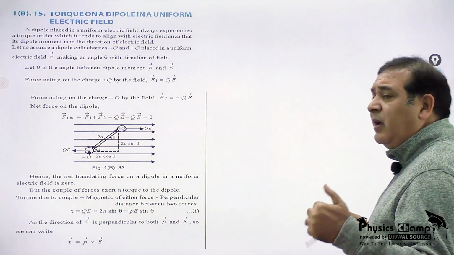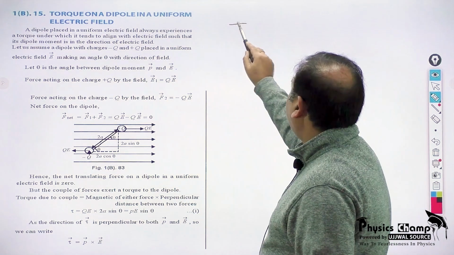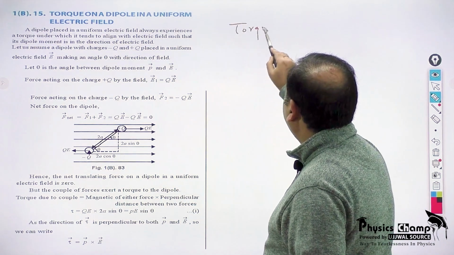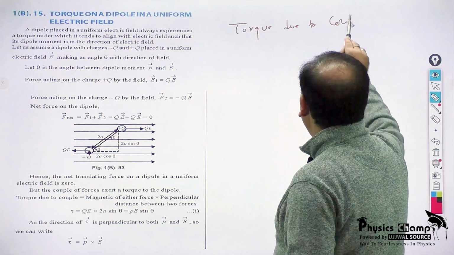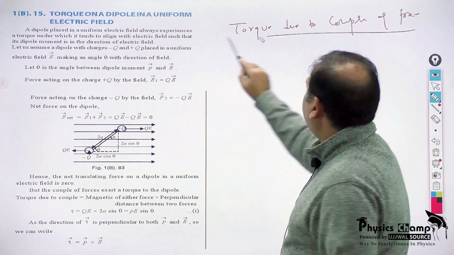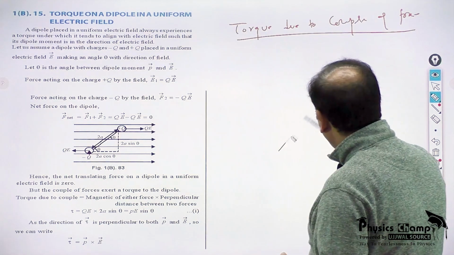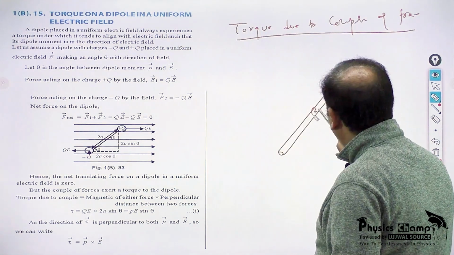Now, I take it a little ahead. I am interested in torque due to couple of force. Now, couple of force would be, just imagine the same rod, but the axis of rotation is here.